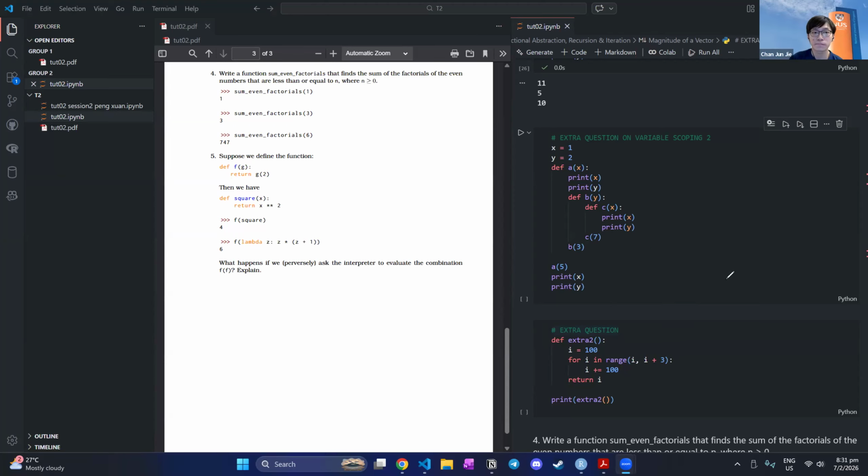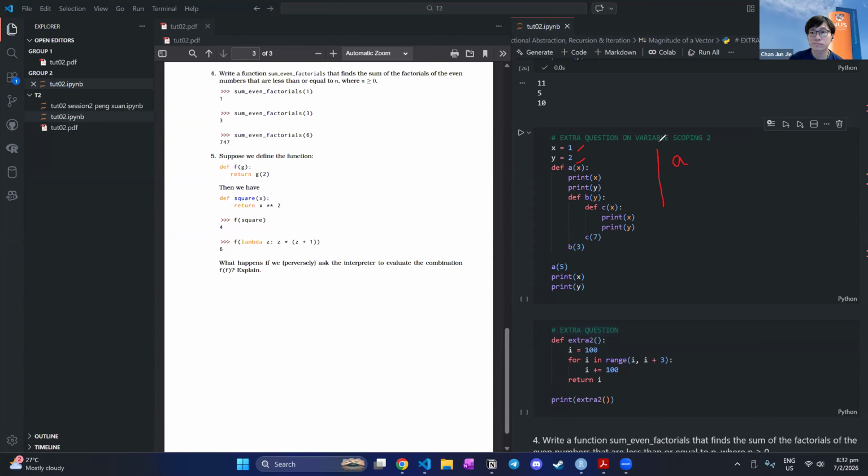Okay, so first is to take note of the global variables. So for the global variable x, it's assigned the value of 1. The global variable of y is assigned the value of 2. So firstly, the function a is run with an input of 5.